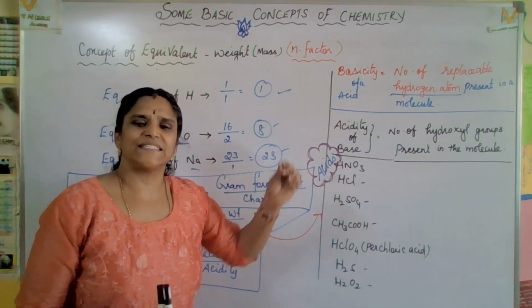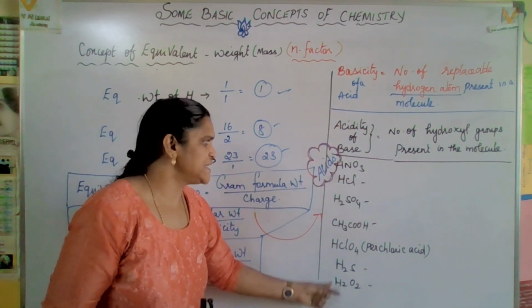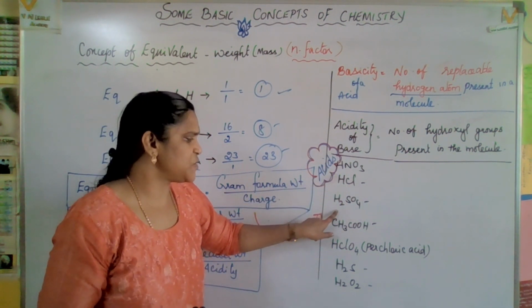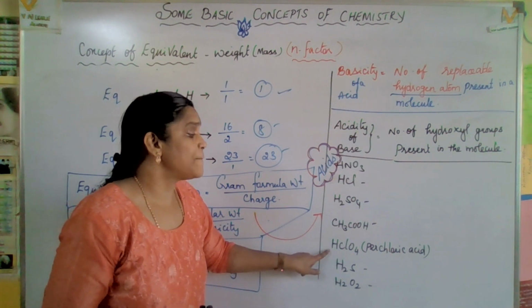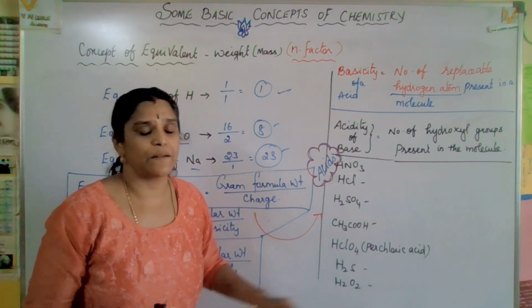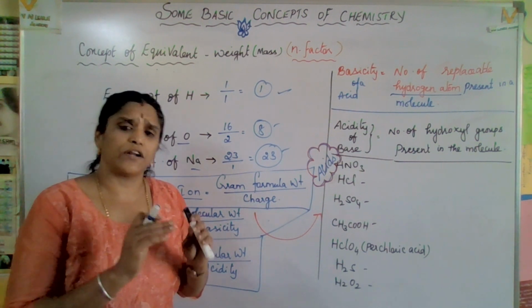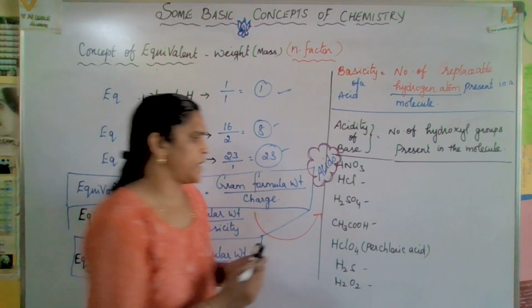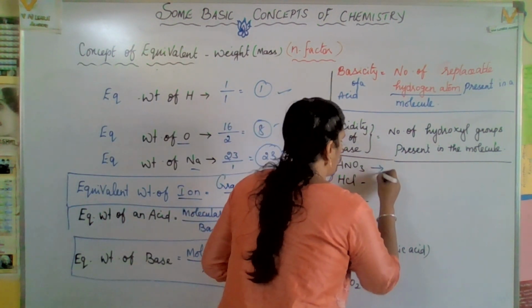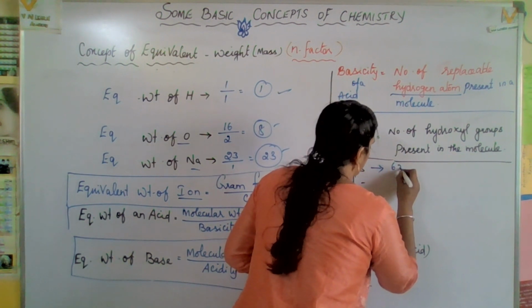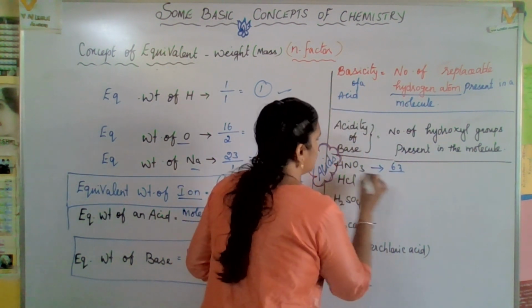Now let us examine all these acids: HNO3, HCl, H2SO4, acetic acid, perchloric acid, H2S and hydrogen peroxide. For these also, let us find out the equivalent weight. See, nitric acid. Molecular weight of nitric acid is 63 and valency 1.